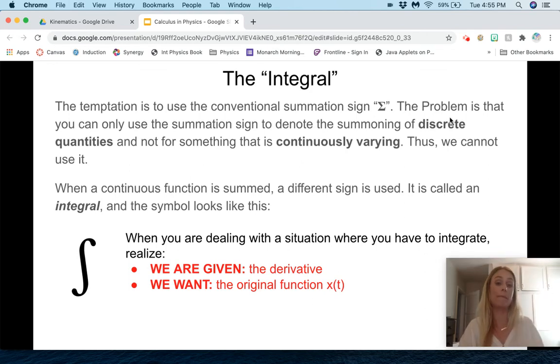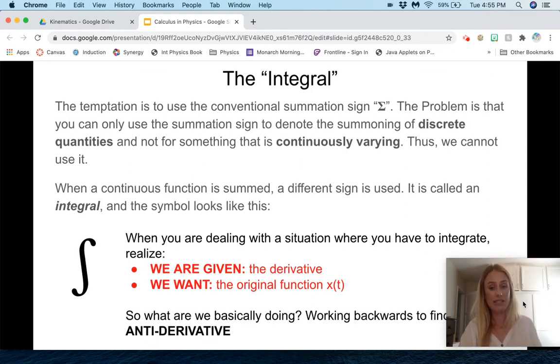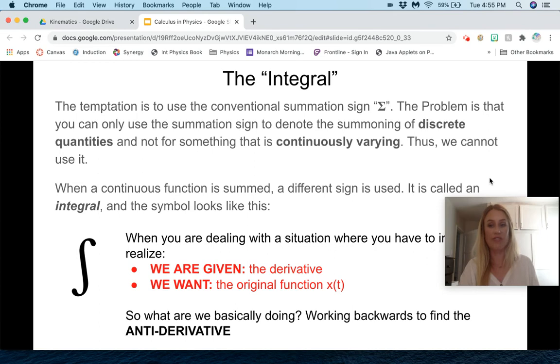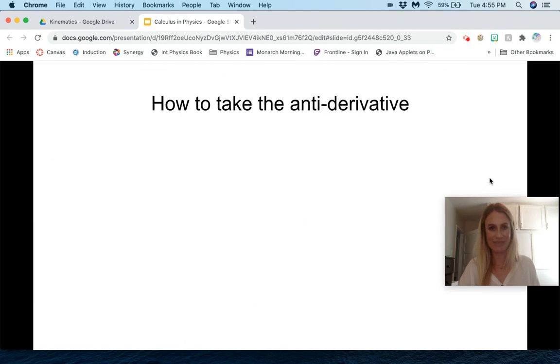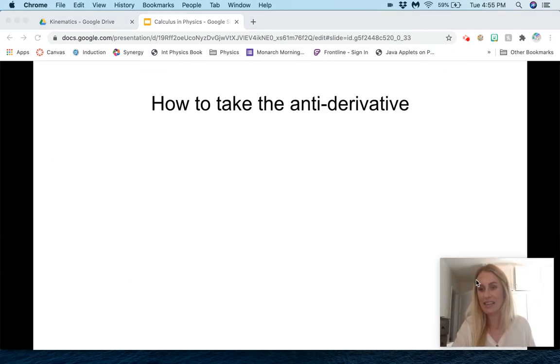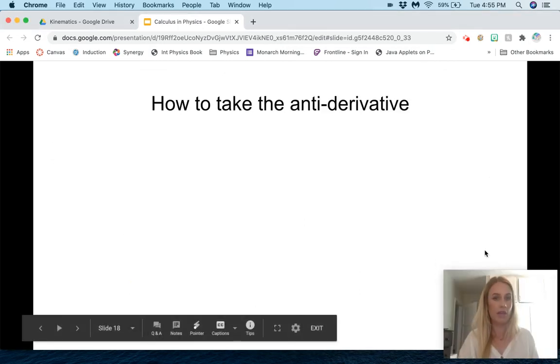We're going backwards. So we're working backwards to find the antiderivative. Okay, a lot of information, I know. So how do we take the antiderivative?